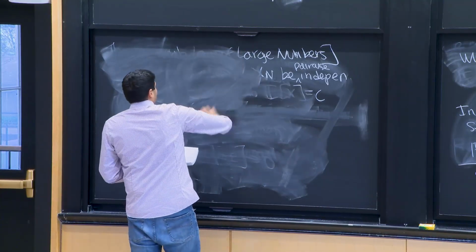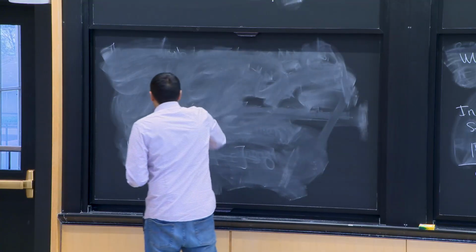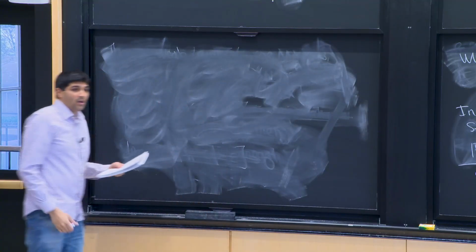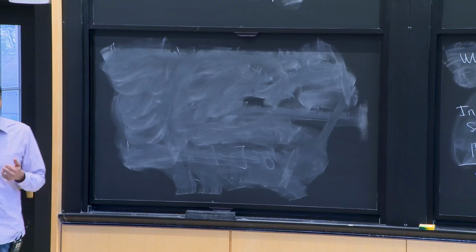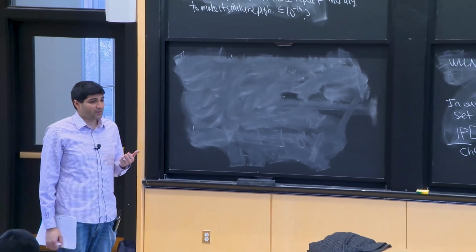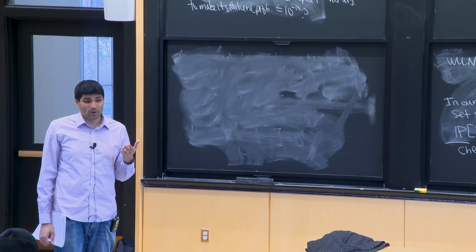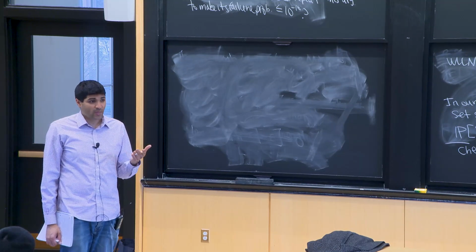So you should think of this as one more important application of probability tools. So far we talked about probability for its own sake, like looking at the deviation of random variables. We talked about probability for the sake of analyzing the failure probability of randomized algorithms.